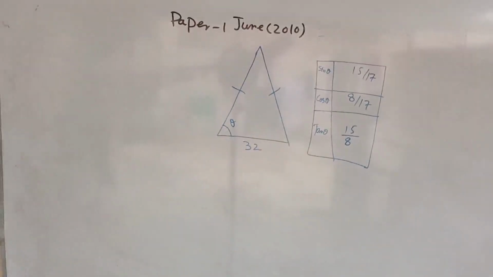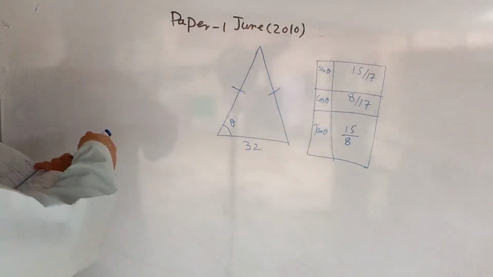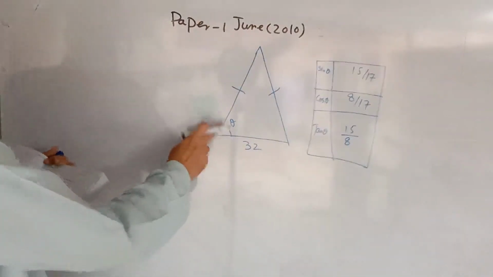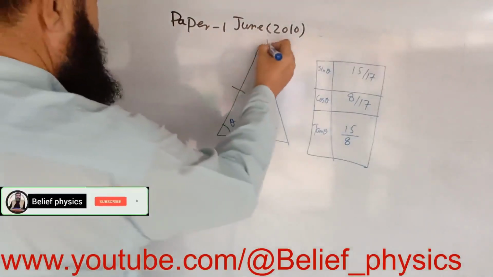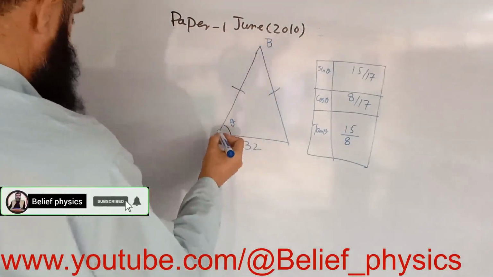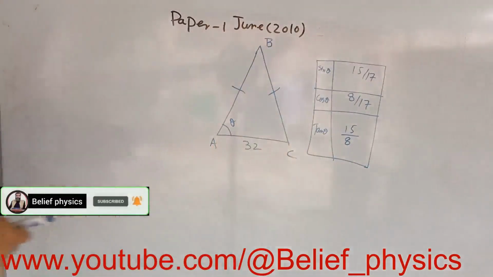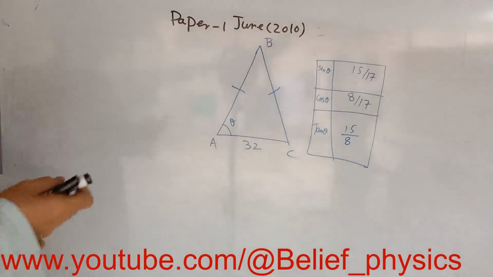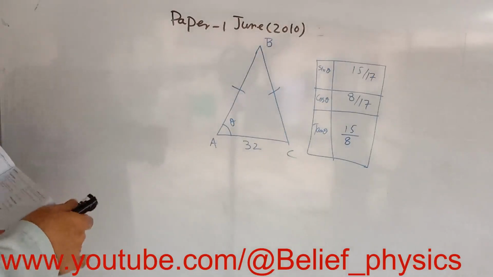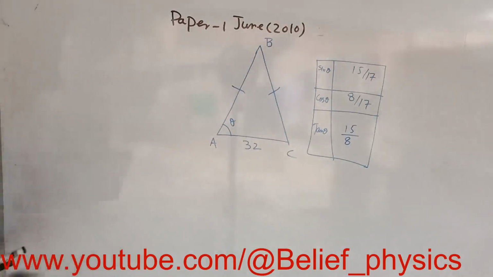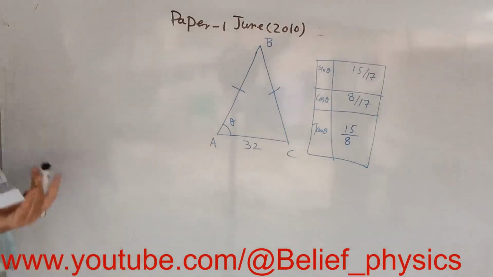Next is, we are given a triangle and a table of values of sine theta, and this is B, this is A, and this is C. We have to use this information, this triangle and the table of values, to find AB, where ABC is an isosceles triangle.